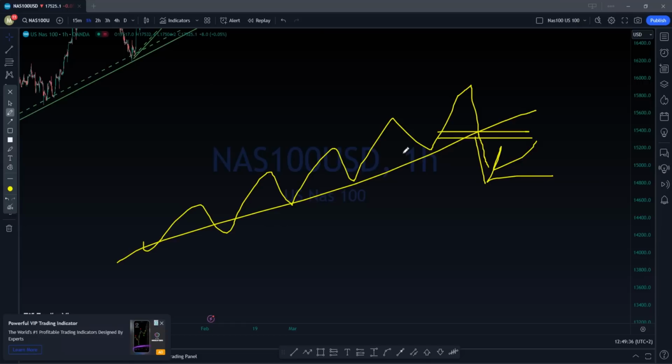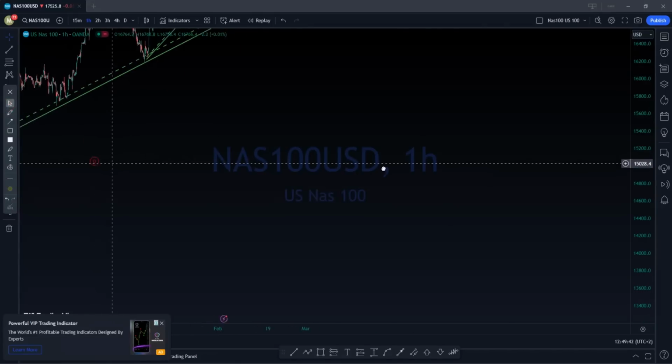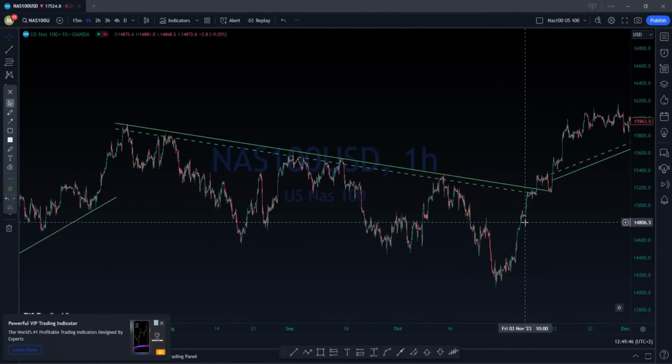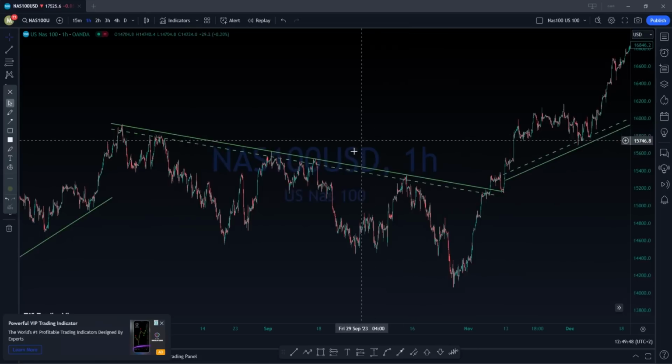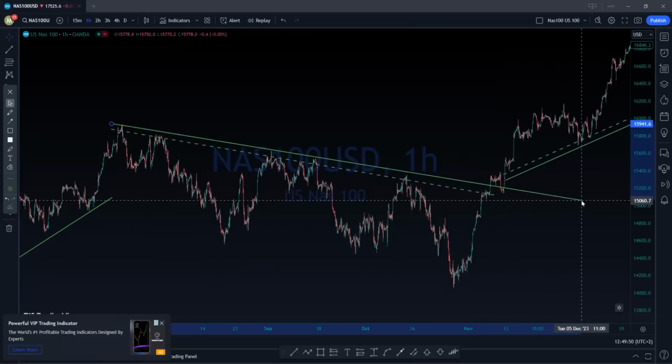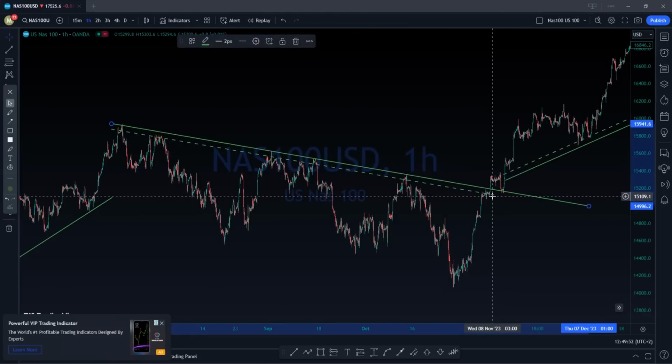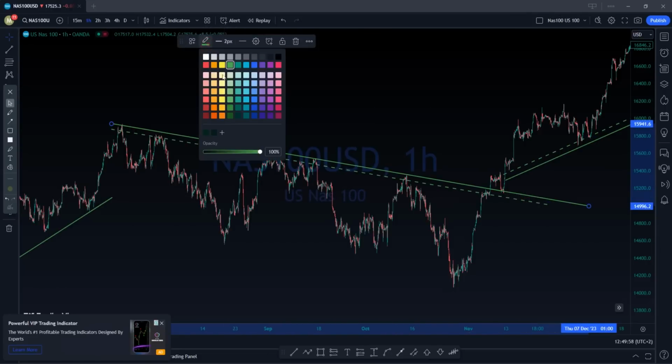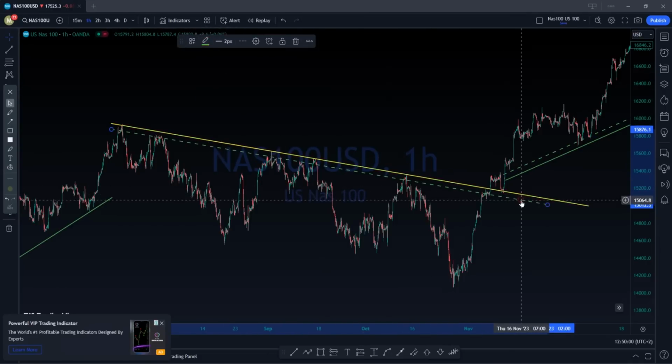Now let's go on the market. So this is the Nasdaq 100. We had a nice downtrend. When you draw your trend line correctly, a breakout is very, very easy to identify, because your trend makes it clear.